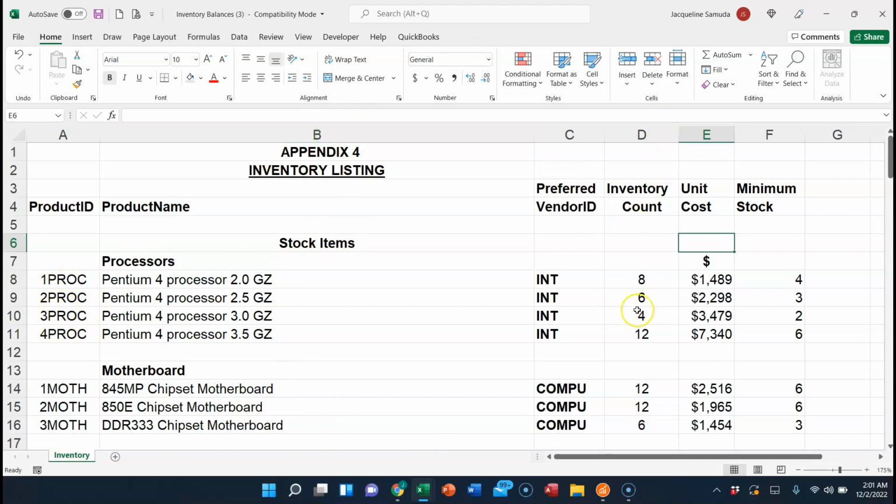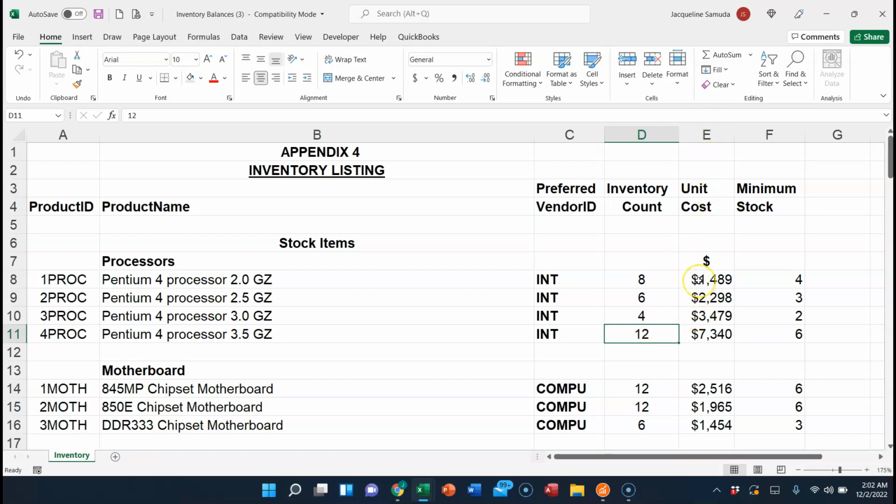Now from your stock count, it shows that you have 8 of these particular stock items, 8 of them in stock. You have 6 for the 2 proc, 4 for the 3 proc, and 12 for the 4 proc.